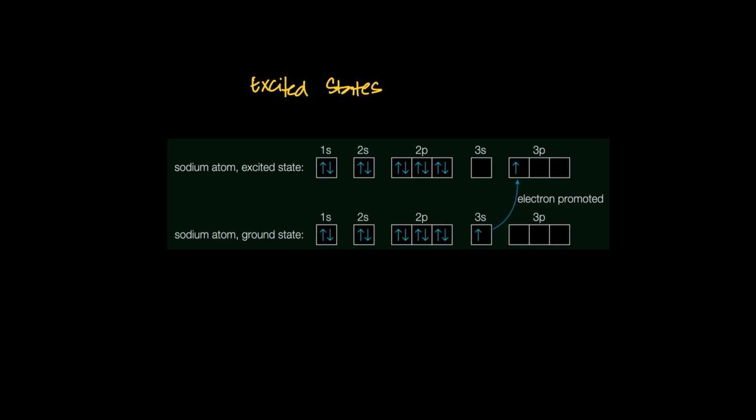And anytime electrons are in a different orbital than the ground state, those are called excited states. It can happen with sodium. You could have taken the 2s electron and moved it there. Obviously it would have required more energy, but that could also have happened. But all of those would be examples of excited states and not ground states.